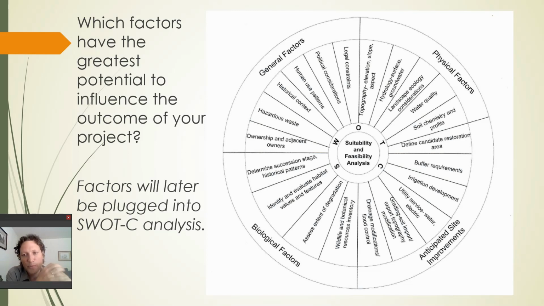Maybe the project won't be successful unless you work with a state mandated buffer requirement, for example. It's just something you've got to work with as you move into your design phase. But you could classify that as a strength or a weakness depending on the context too.